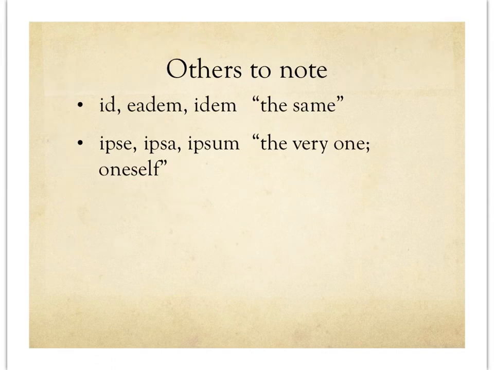There are a few others to note. So this should say idem, eadem, idem. Idem means the same, and we decline these like is, ea, id with just this dem on the end. So it's going to be eiusdem, eidem.